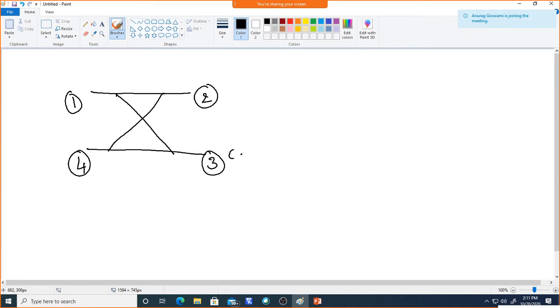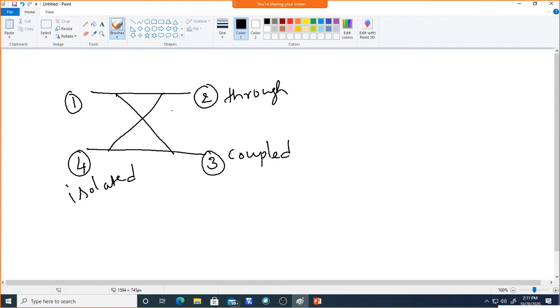Okay, now if I put the input power here, which is given as 20 dBm, what are the corresponding output powers at the through port, coupled port and isolated port? Okay, that is what we need to find out.